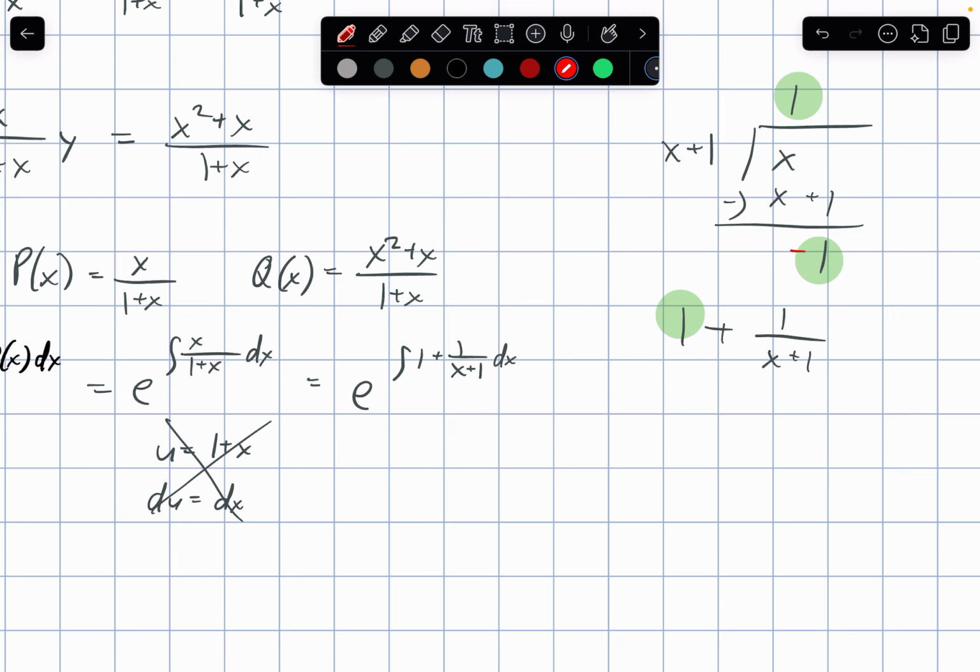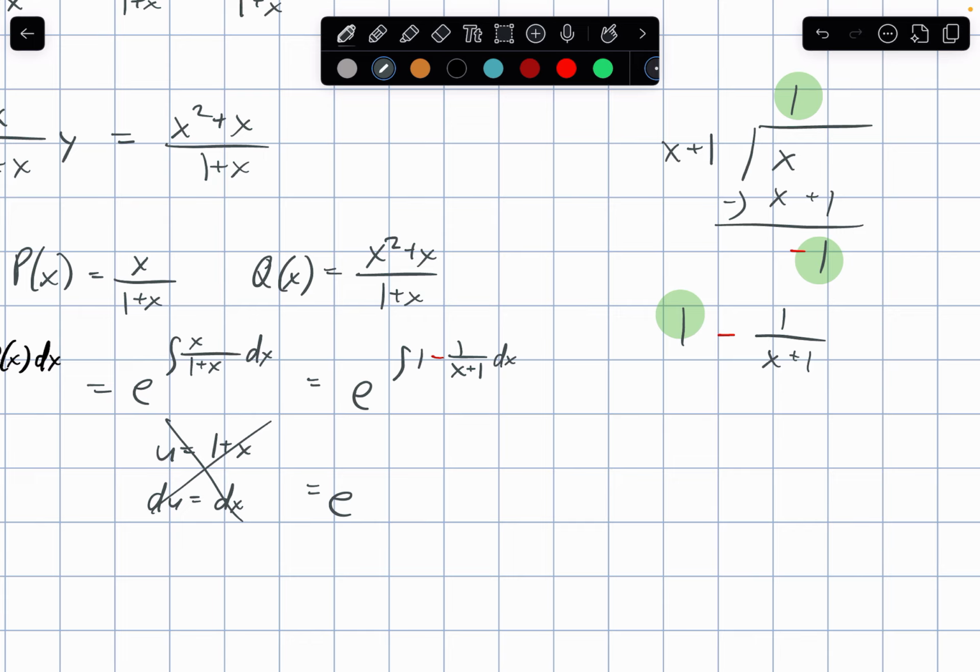This is supposed to be minus 1. So minus there. This is not the same as this. So we're on the right track.